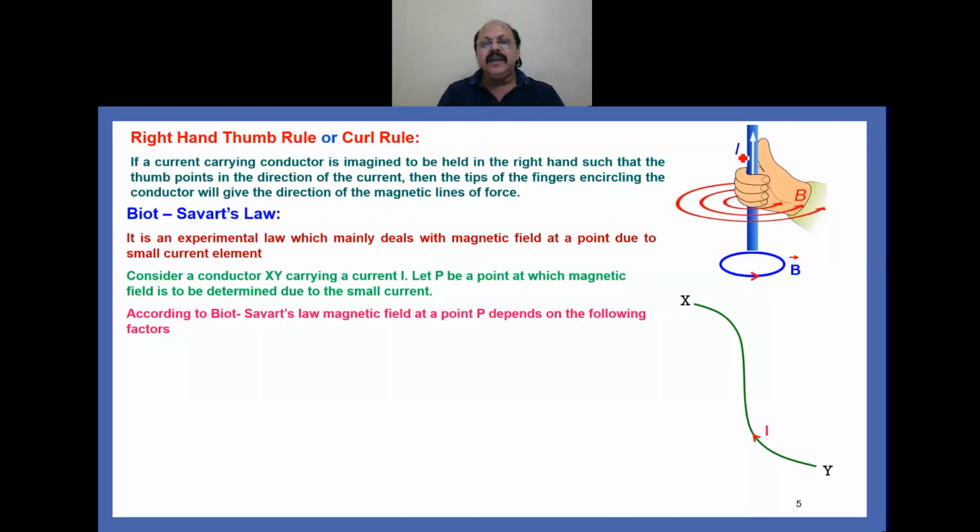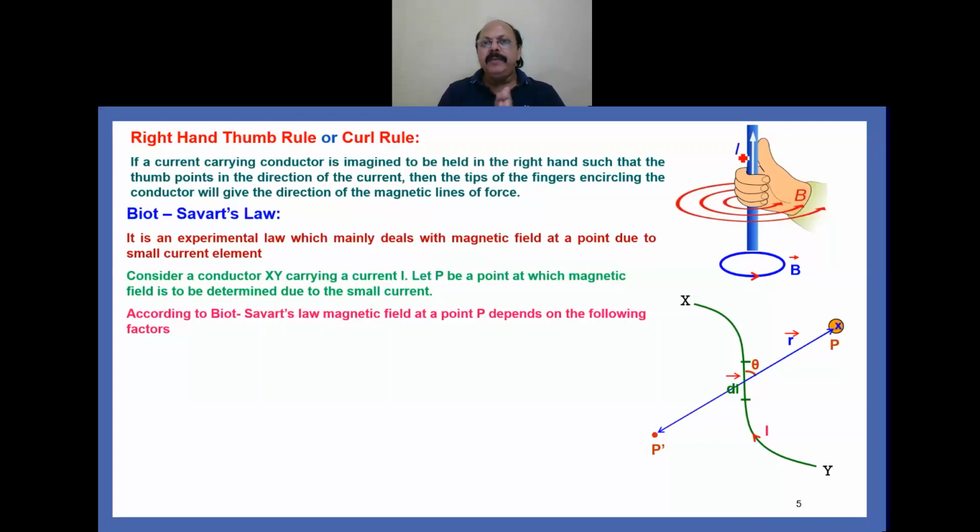As you already studied, according to Oersted, if a current is flowing through a conductor, then a magnetic field is developed around the conductor. So here XY is a conductor carrying the current I. Let P be a point at distance r from the current element at which the magnetic field is to be determined. Let theta be the angle between the dl vector and r vector. Similarly, we take another point of observation on the left hand side of the conductor, P dash.